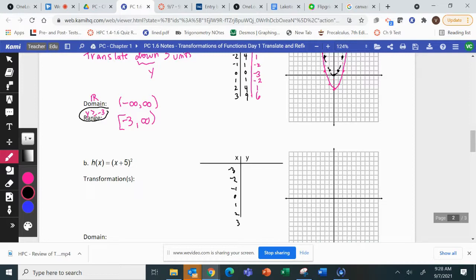All right, question B is another parabola. I'm using the exact same parent function points that I used right above.